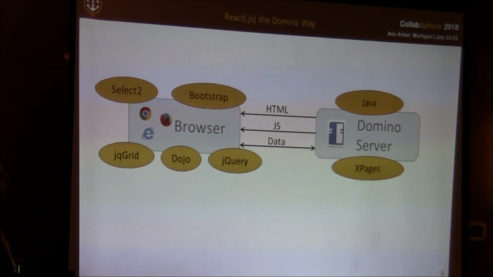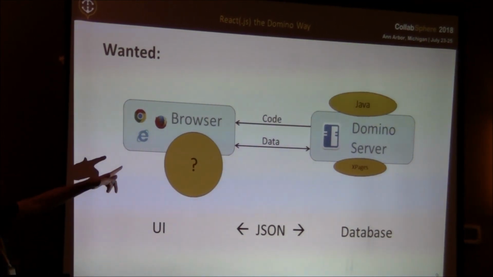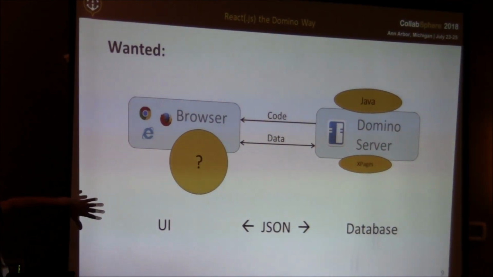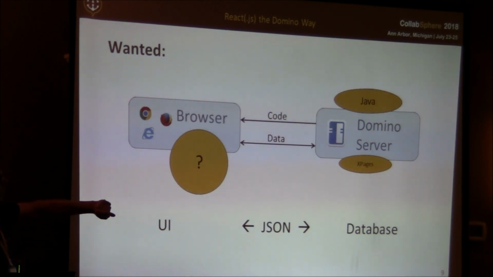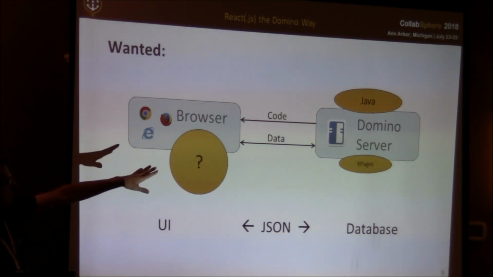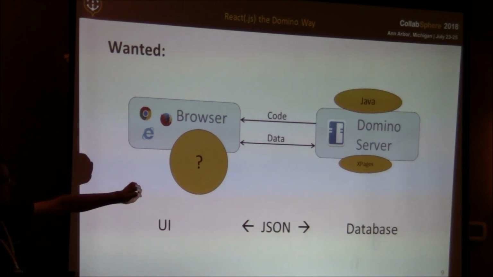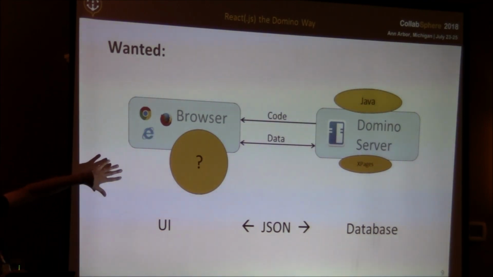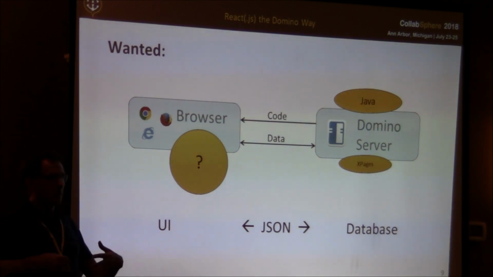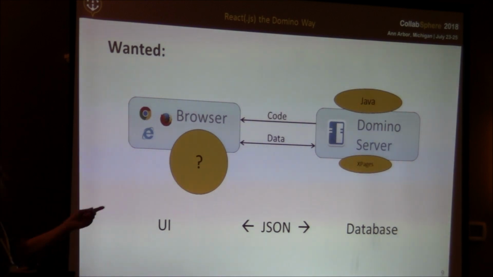And so we looked for something else. We wanted a clear separation of UI and backend, and we still do the Java code with a little XPage, but we wanted something to use in the browser for the UI. The browsers nowadays are so fast that they can do a lot of work on the client side.